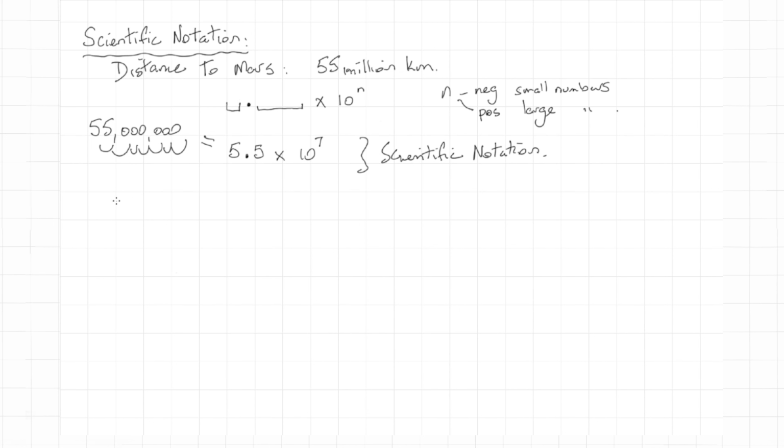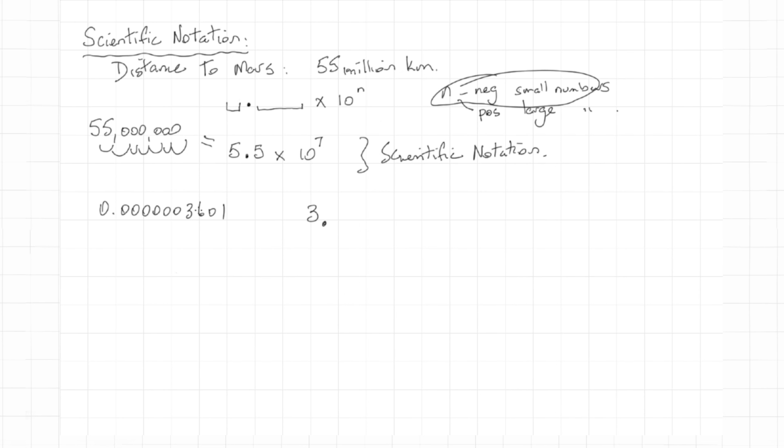So for very small numbers, if you had a number like 0.0000003601 and you were asked to write that in scientific notation, we know, because it is a small number, that n is going to be negative. So we scan through until we get to the first digit, and it's a 3. There's only ever one digit on the left-hand side of the decimal in scientific notation.